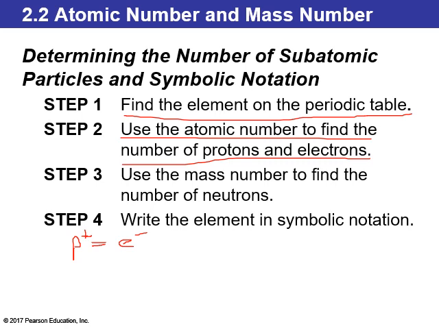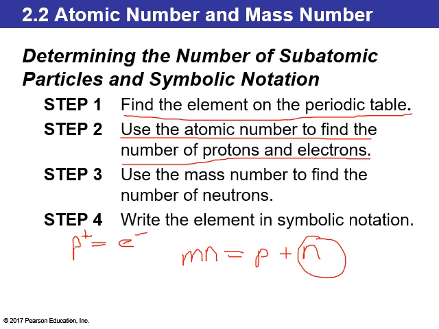We just remember that the mass number is equal to protons plus neutrons. So if we already know the number of protons from the atomic number, and we're given the mass number, we can just solve for the number of neutrons. Then we can write the element in symbolic notation.